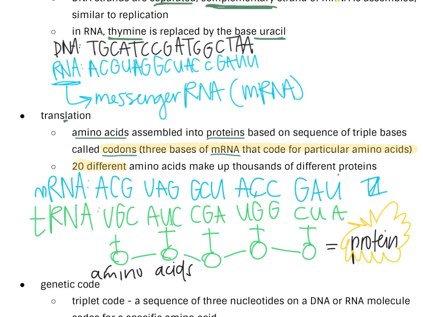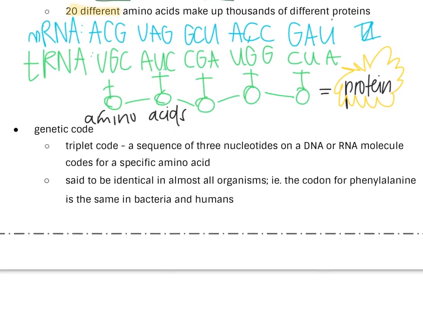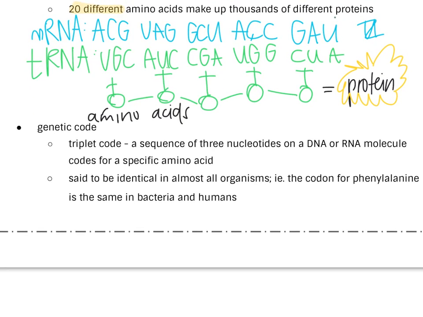Okay? So this idea of a genetic code, there is a triplet code, what we call, and triple just meaning 3. So there's a triplet code, meaning it's a sequence of 3 nucleotides on a DNA or RNA molecule that codes for a specific amino acid.